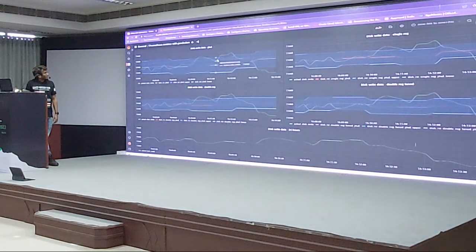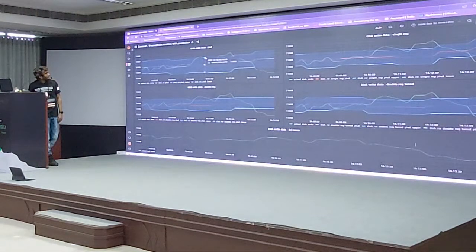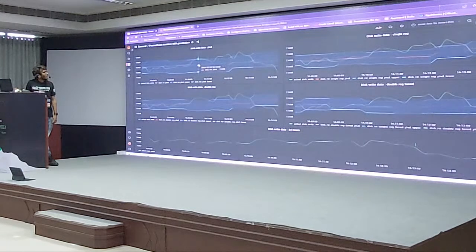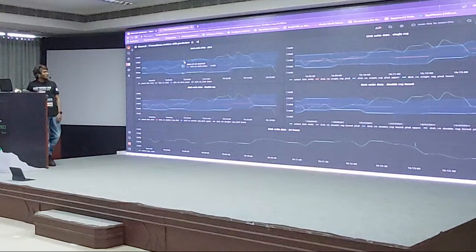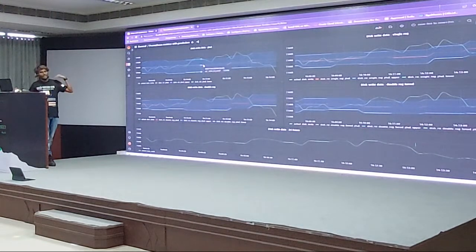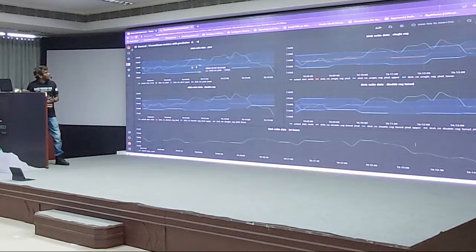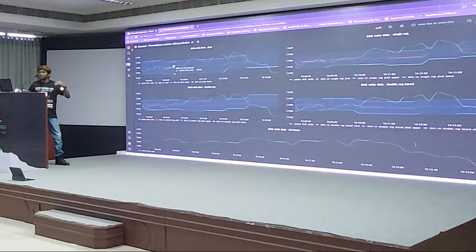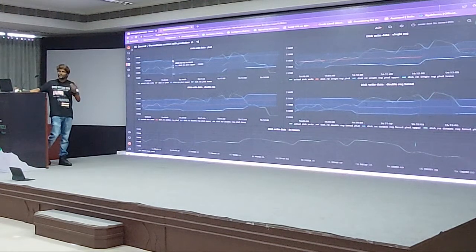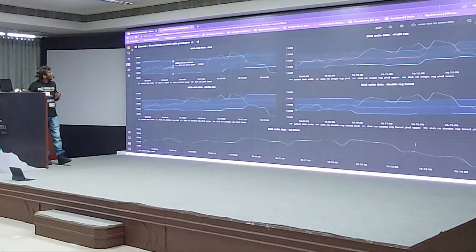Okay, here is the prediction. The green one is the actual risk price data, the yellow one is the predicted data, and the blue lines are y hat upper and y hat lower. Ideally, if your model is right, the actual value and the predicted value should come between y hat upper and y hat lower.